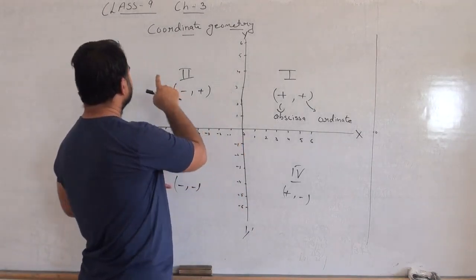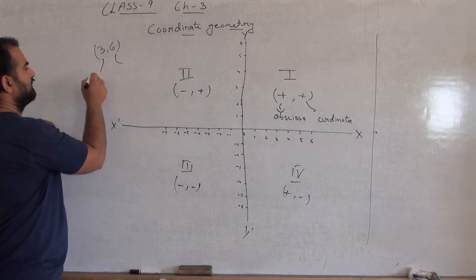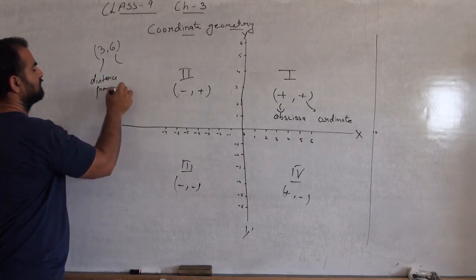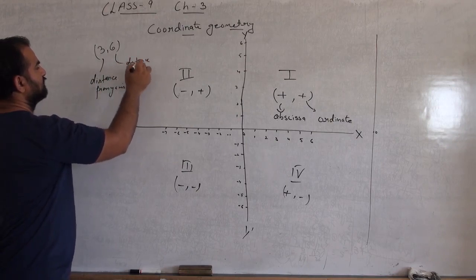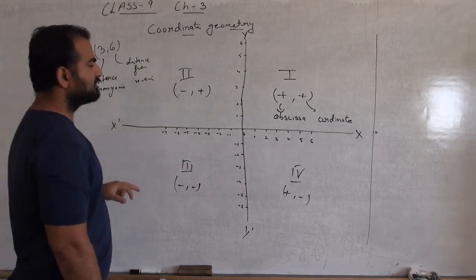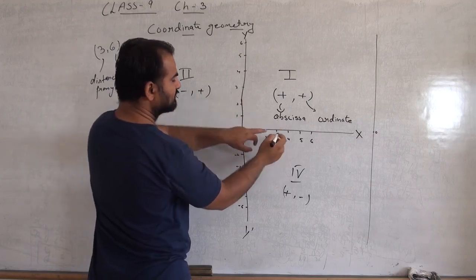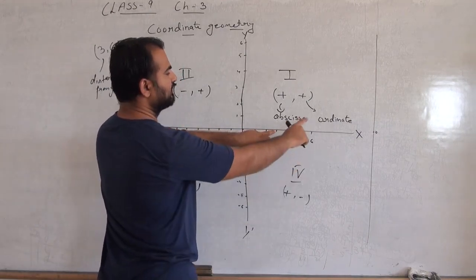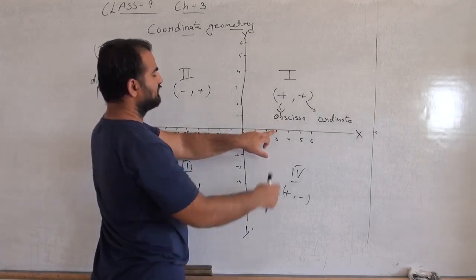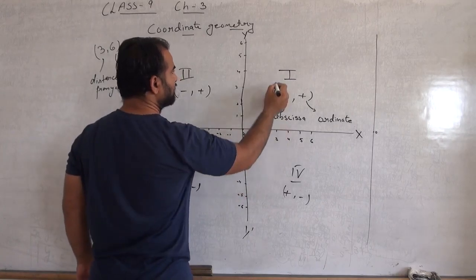Listen, in (3, 6), 3 is the abscissa, the distance from the y-axis, and 6 is the ordinate, the distance from the x-axis. So we mark 3 along the x-axis, and 6 along the y-axis, and they meet at this point.